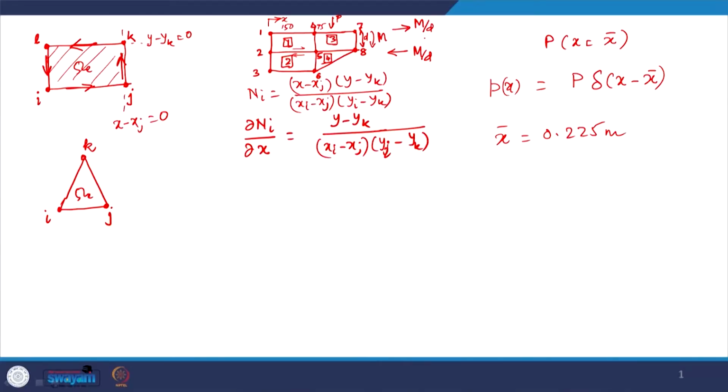So, in this case it would be traction along x directions of opposite signs.